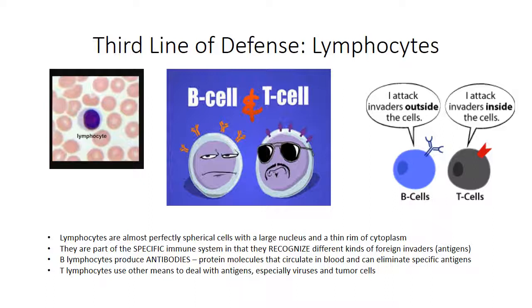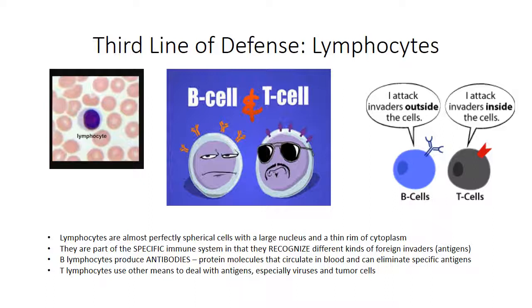The surface of any lymphocyte contains millions of different substances that stick out like antennae. And because of these antennas, lymphocytes are part of the specific immune system, in that they recognize different kinds of foreign invaders or antigens. Their surface structures are very different in shape, right? And they accommodate different antigens. We'll talk about it a little bit later.